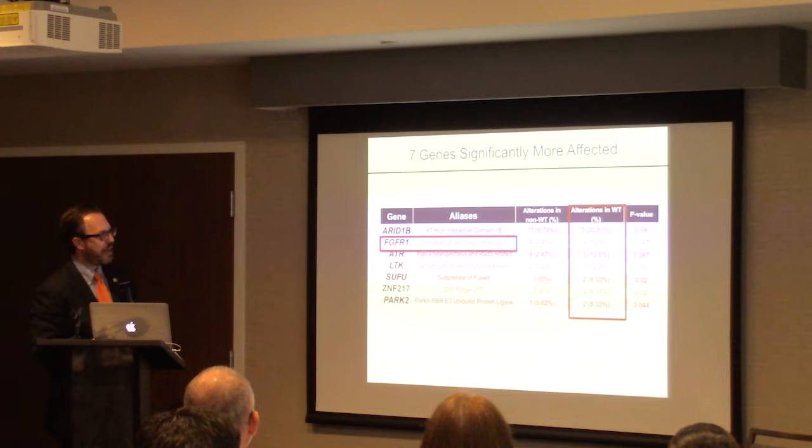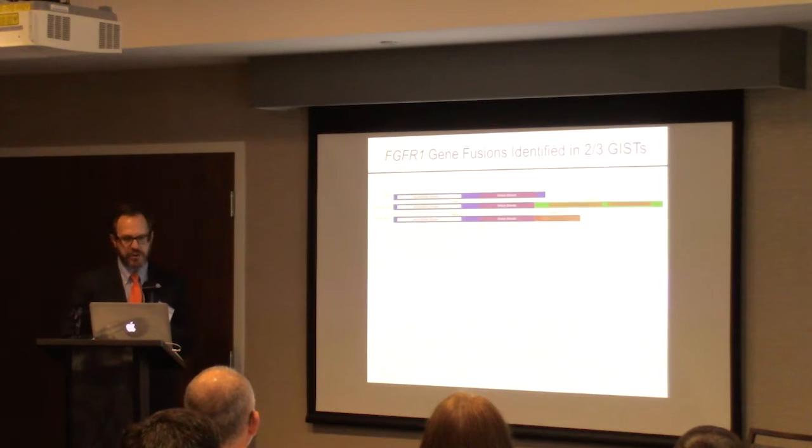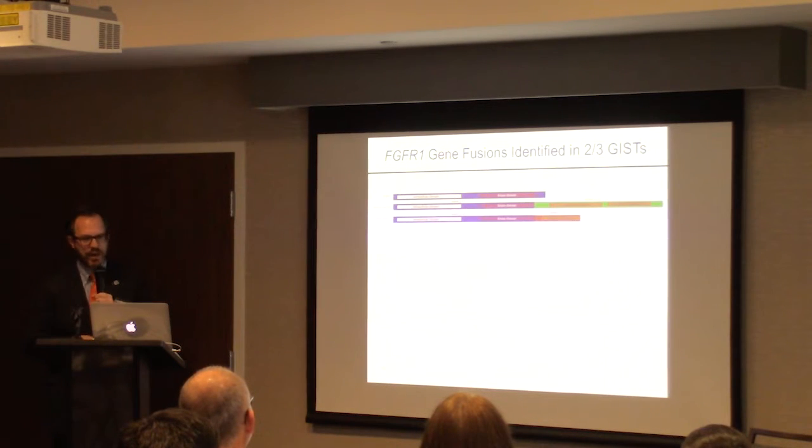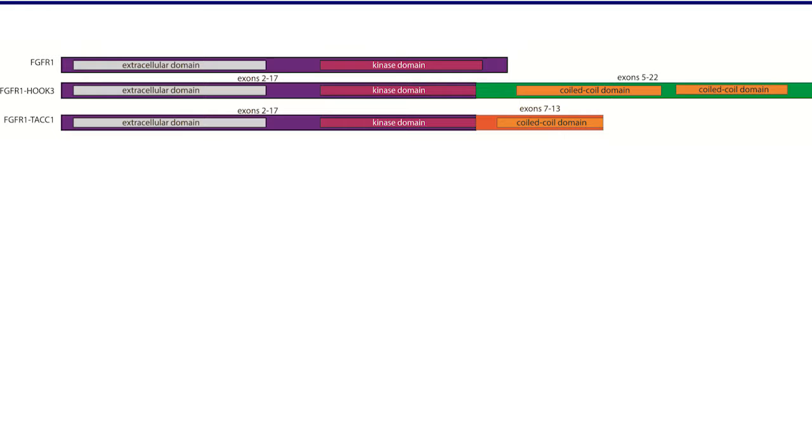First one being FGFR1, fibroblast growth factor receptor 1, is one of the ones we identified. It turns out we had identified 3 patients with FGFR alterations. We actually identified 2 fusions, meaning basically this FGFR gene hooked on to a gene called POC3, and this other one called TAC1.